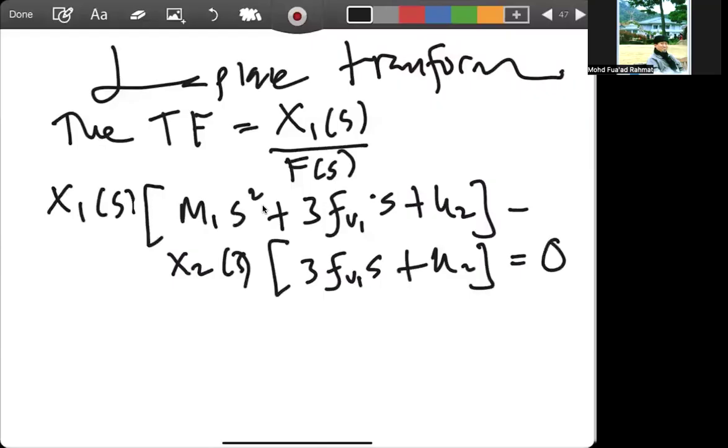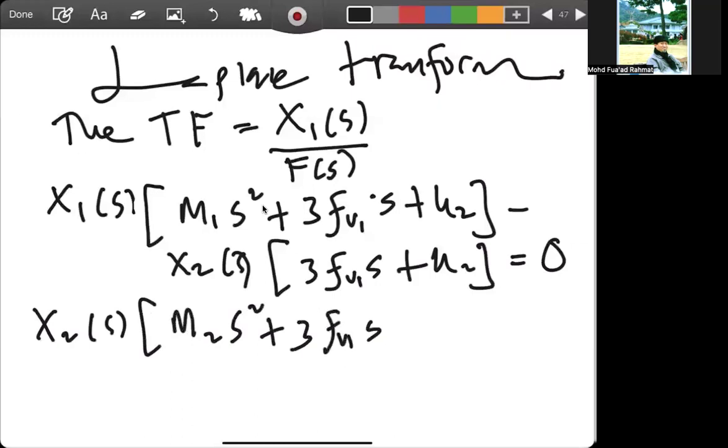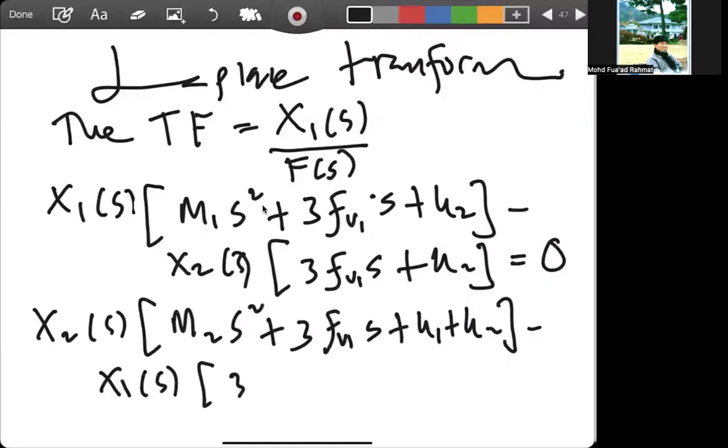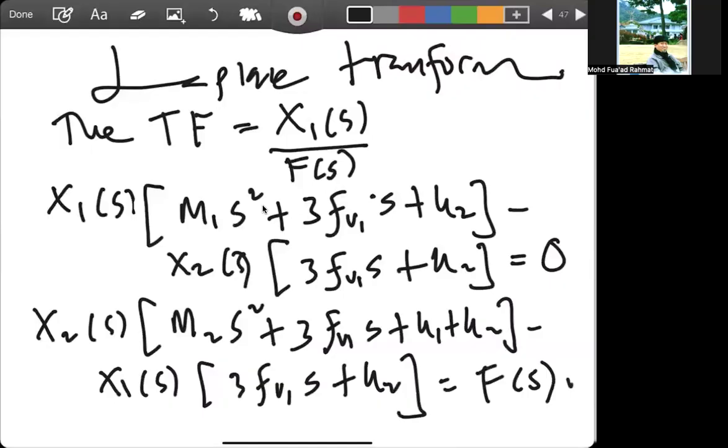Then the second equation will be, on the second free body diagram, minus F(s).